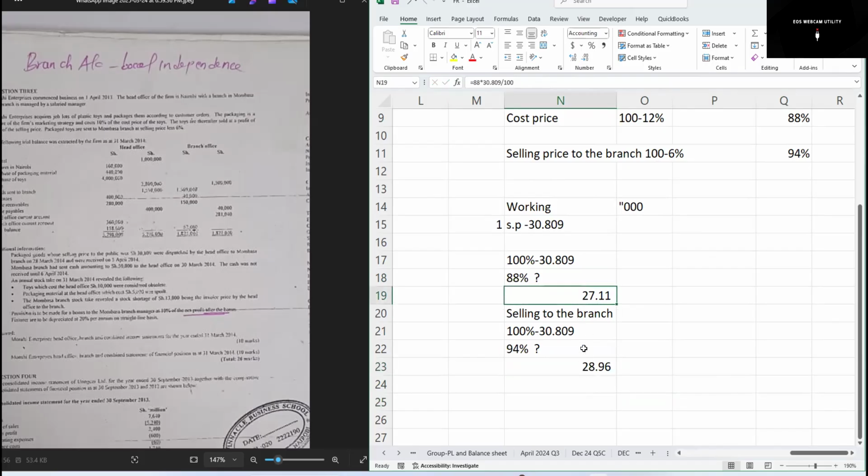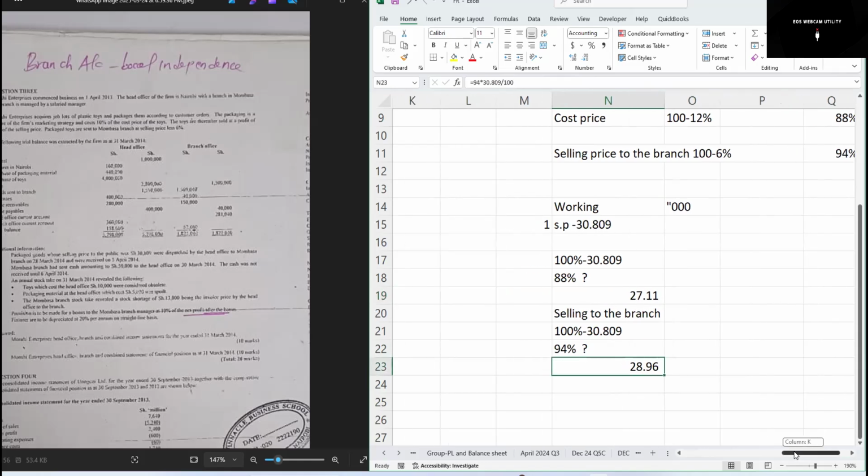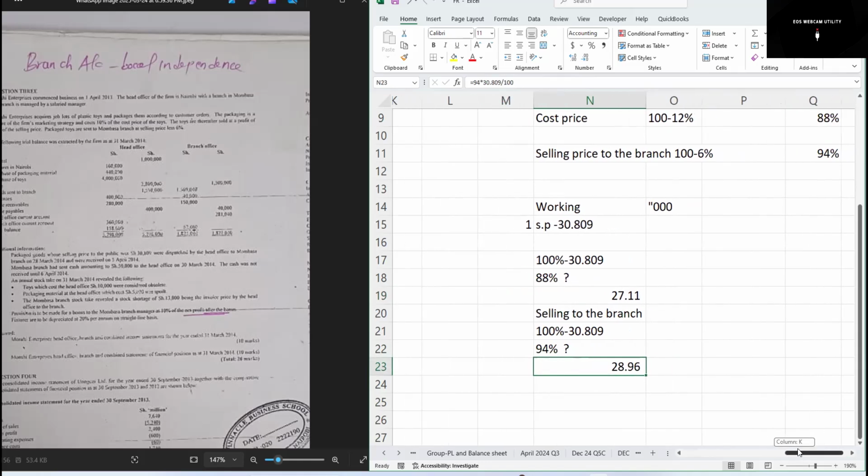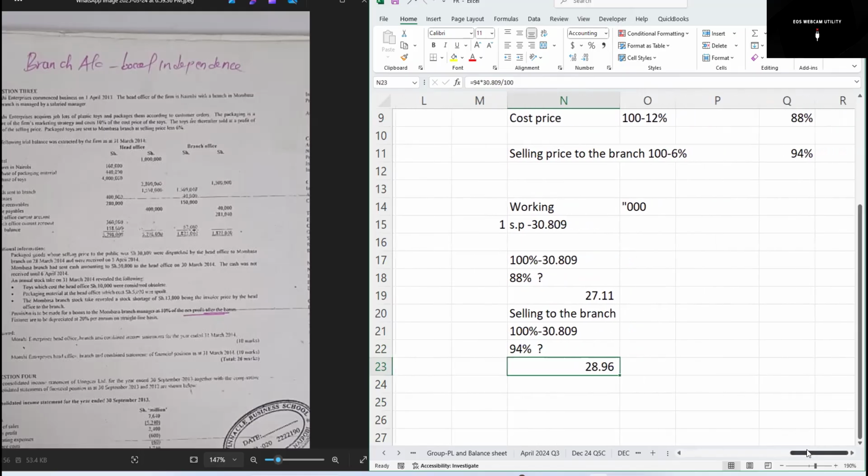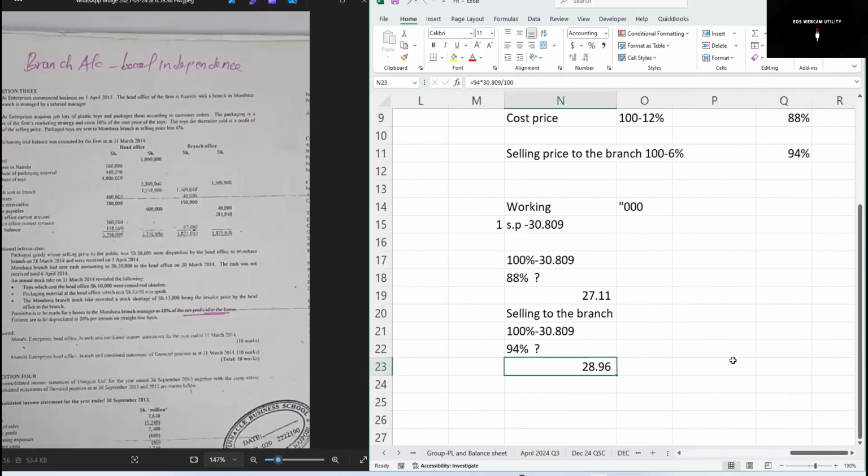So now we have the selling price, and then we have the cost. But at the end of it, you realize these goods have not been sold because we are receiving them on 1st April 2024, not 2014, after we have already closed our books of account, which means the head office will not realize the profit in these transactions.